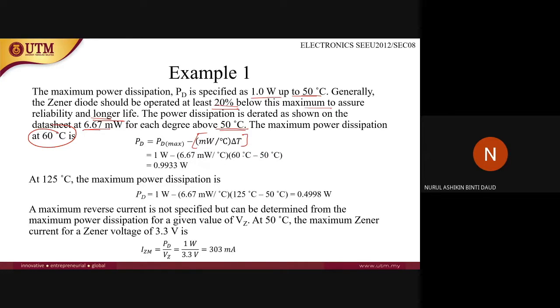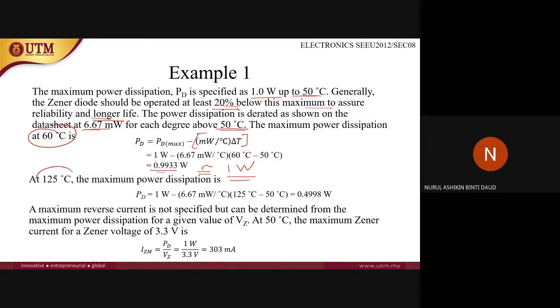It gives you PD at 60 degrees of approximately 1 watt.